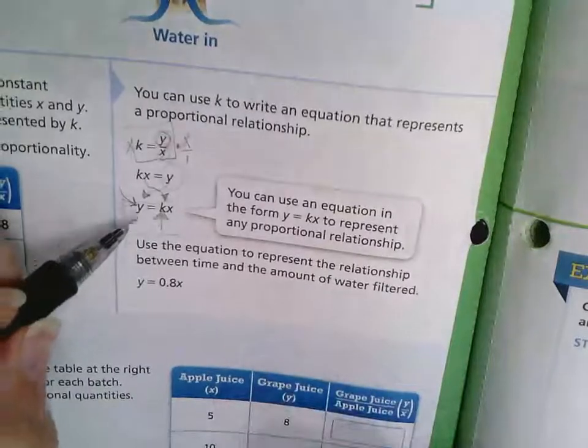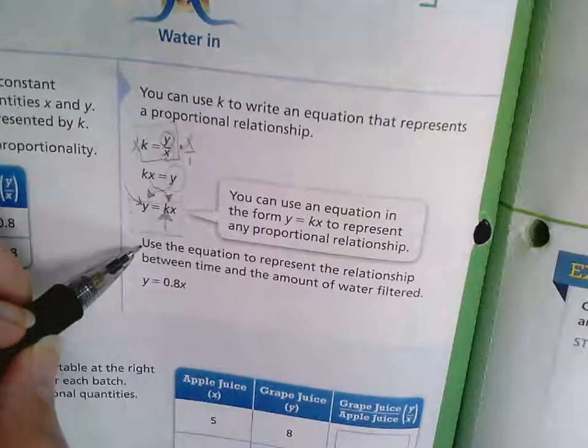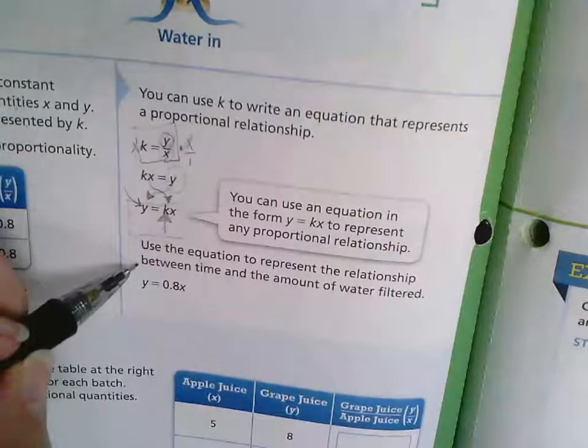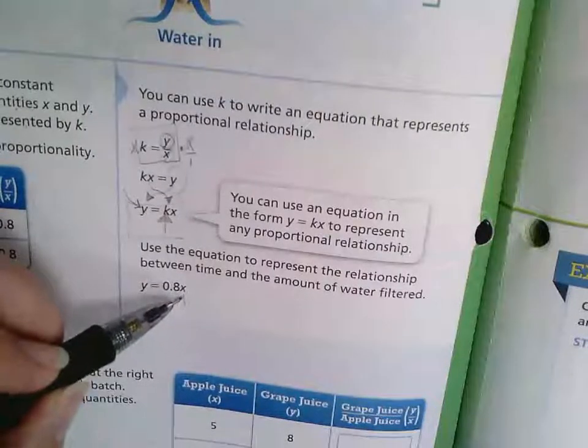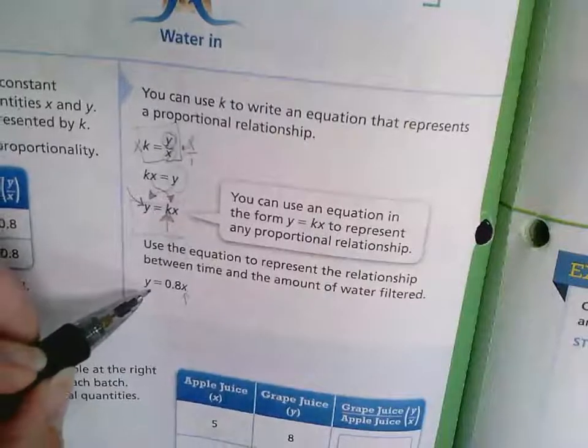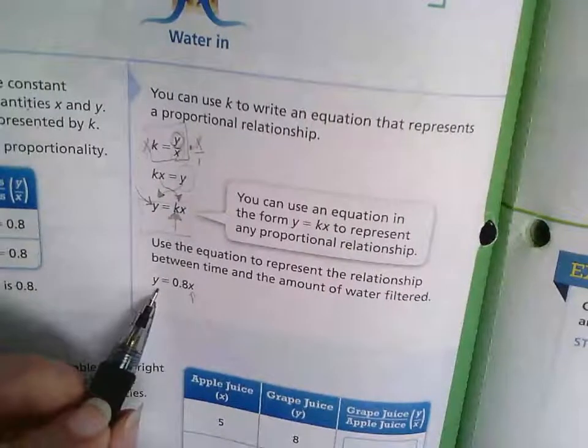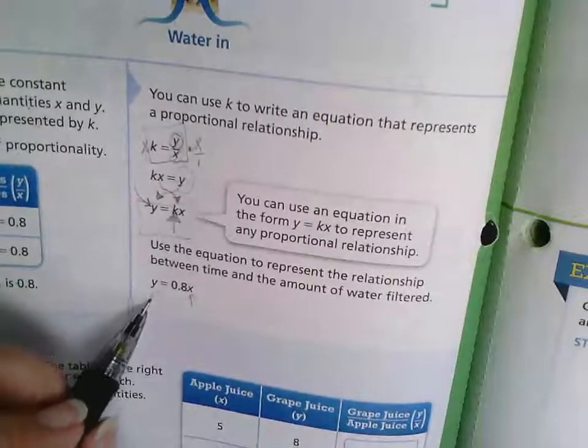So when we have it in this form, we can use the equation to represent the relationship between the time, which was our x value, and the amount of water that filtered through, which was our liters, our y value.